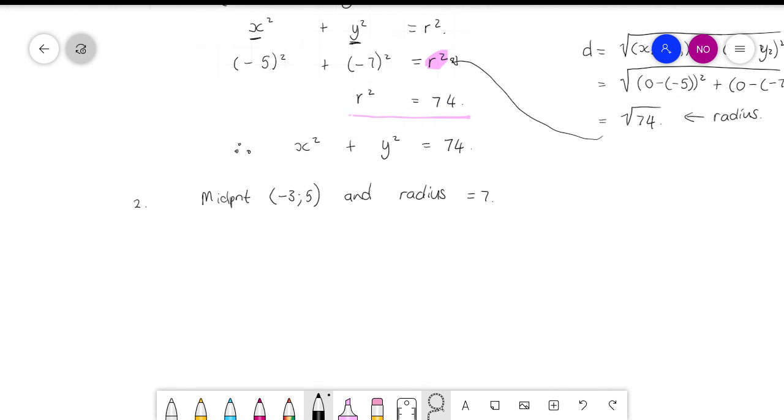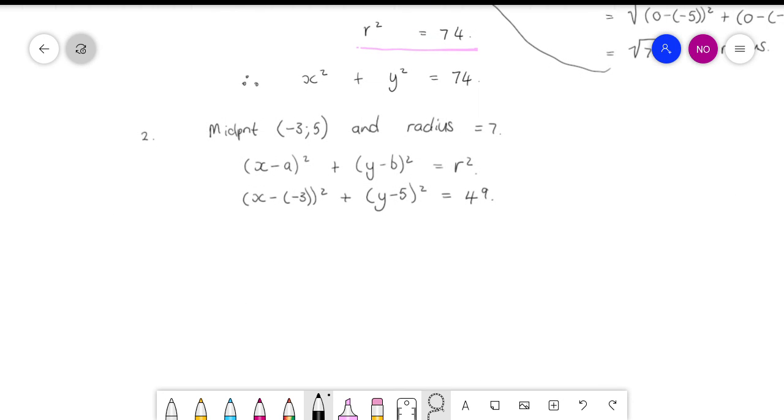Okay, so we want it as x minus a squared plus y minus b squared is equal to r squared. Het ons die waarde van a en van b? Ja, nee, wat is die waarde van a? Wat is die waarde van b? Not 7. 7 squared. Sien julle?